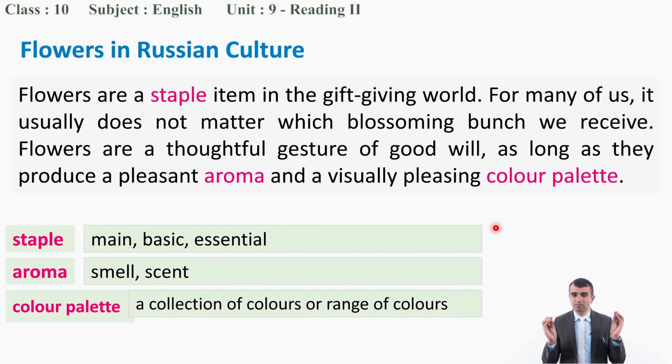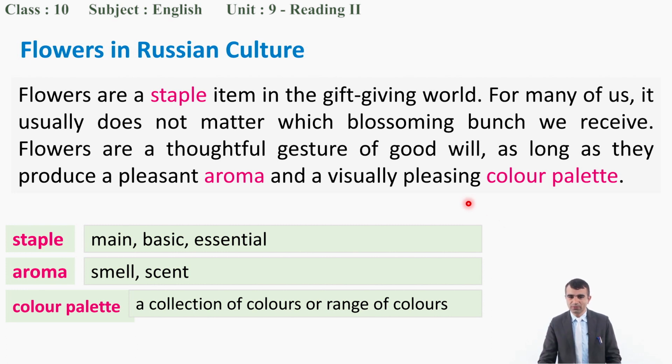So, what are the basic things, what are the main things in gift giving world? Can you say now from this paragraph? Flowers, very good. Flowers are the staple item, means basic items. And we don't care which blossom of flower, which type of flower we receive. Do we care about it?